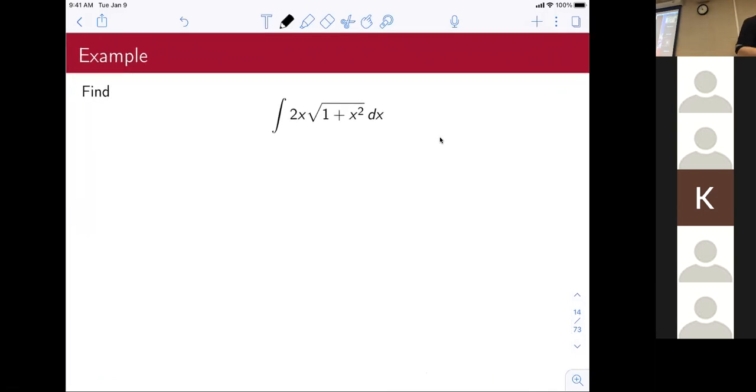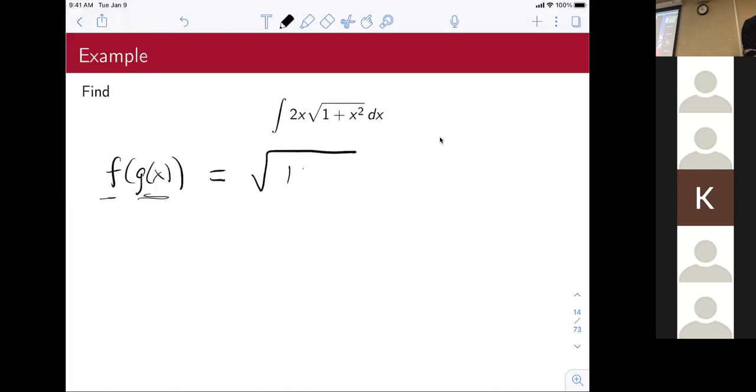Looking at this, is there anything that looks like a composition of functions, some function evaluated at some other function? The square root of 1 plus x squared, exactly. That is a composition. The outside function is just the square root of x. The inside function is 1 plus x squared.